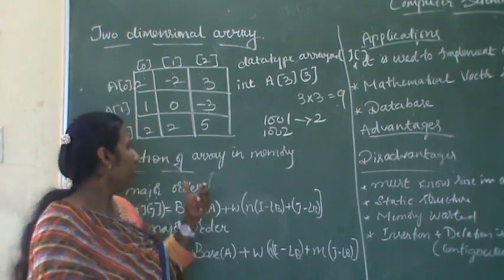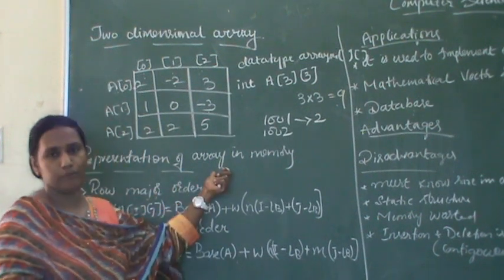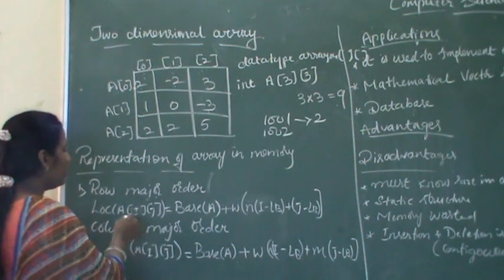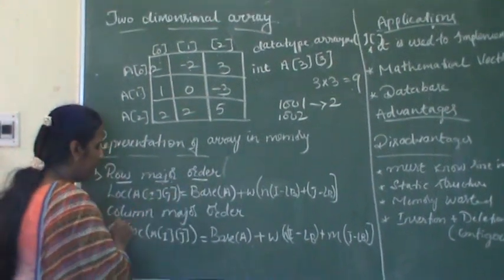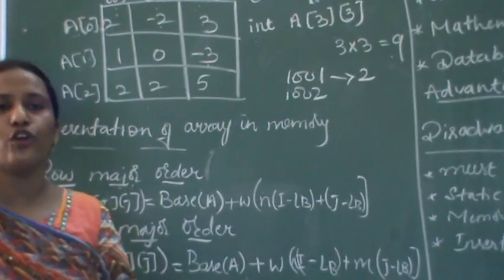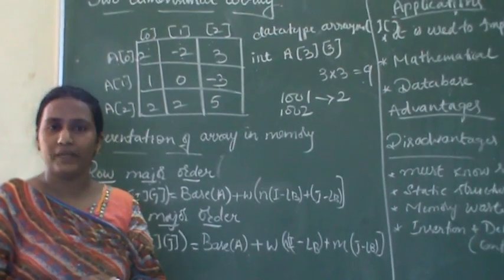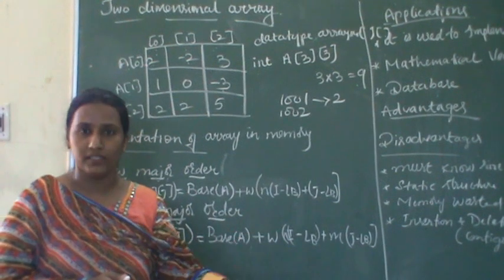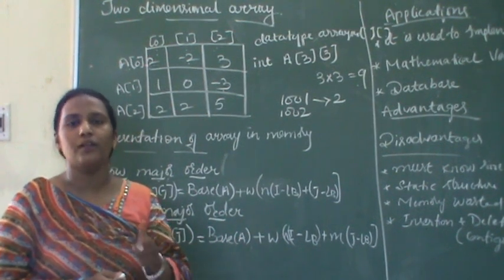In the representation of an array in memory, there are two types: one is row major order and the other is column major order.